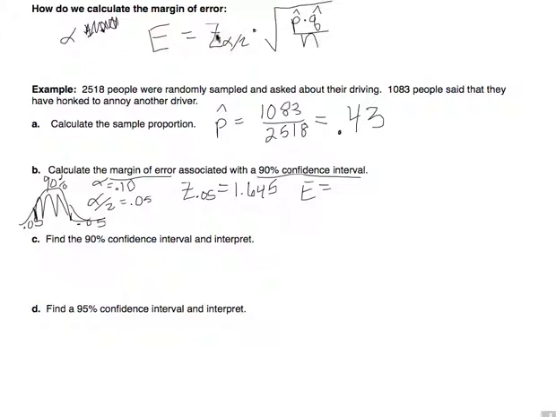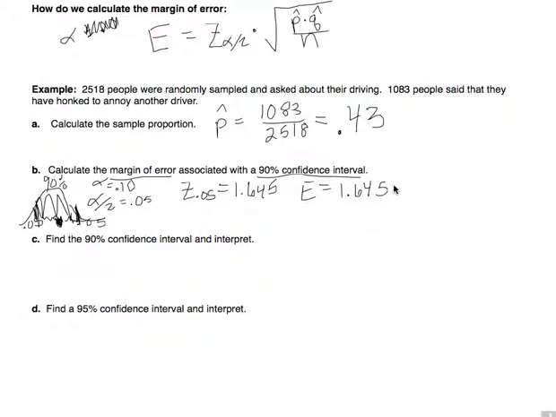Our critical value, z alpha over 2, is 1.645, and we chose that because we want to make sure that we are multiplying so that we are going away. So here's the mean in the middle, the sample proportion. We want to multiply by a certain z-score to both sides, so we get 90% in the middle. Well, 1.645 is what's going to allow us to get the 90% in the middle.